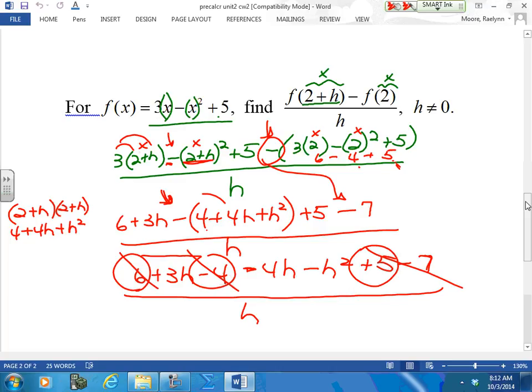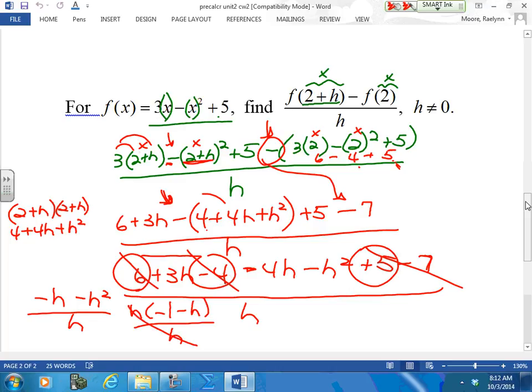Now collect your terms. You have 3h minus 4h is what? Negative h. Minus h squared. Is there anything else that has an h here? Nope. Take out an h in the top. You could take out a negative or just take out an h. Negative 1 minus h over h.